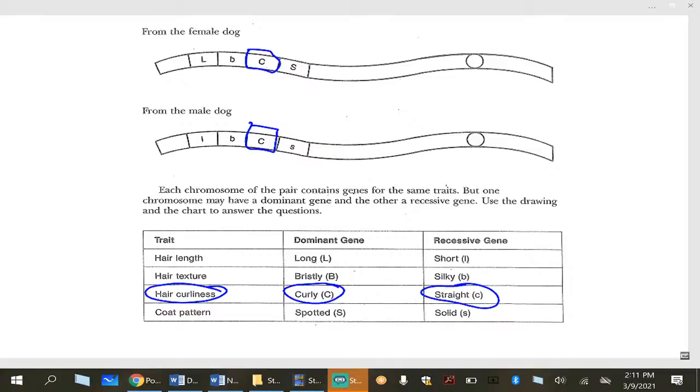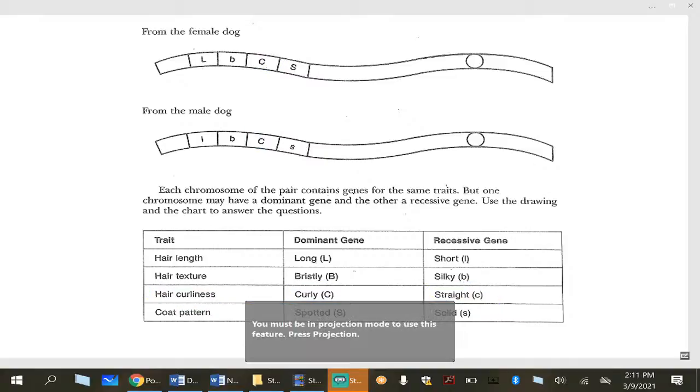What would the puppy have? Riley? Curly. Does it have any choice? No. What zygous will this puppy be for curliness? Homozygous dominant. Good. All right, don't forget the zygous.